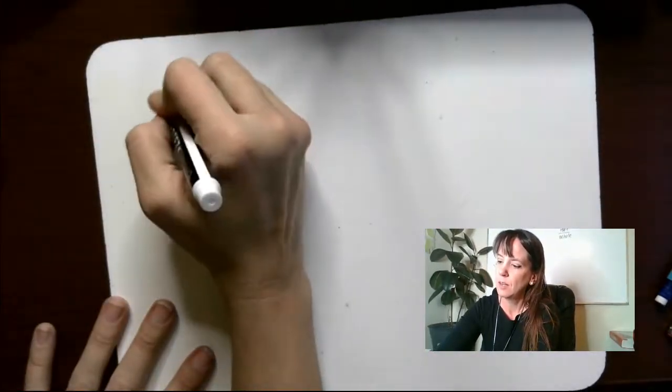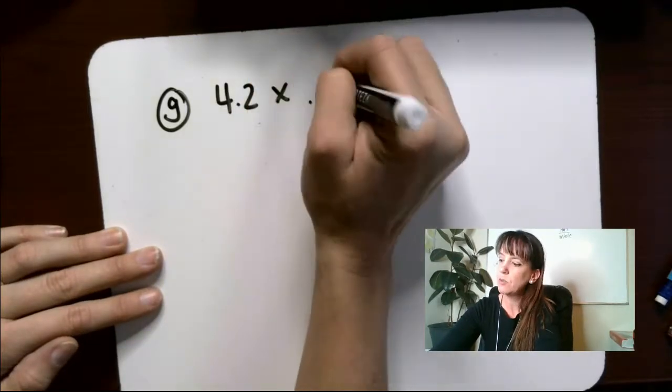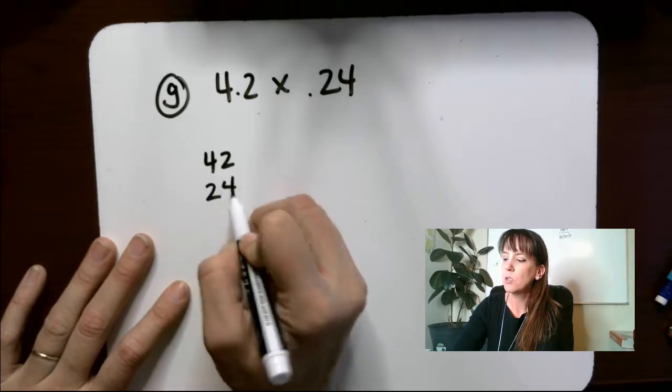All right, G. 4.2 times 0.24. All right, well, what we want to do is 42 times 24.